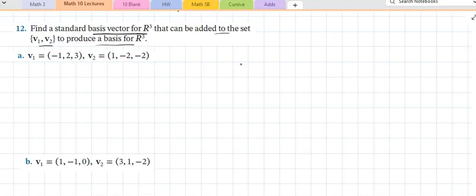All right? So let's see. There are multiple ways of doing this. Basically, you want to pick a third vector, and you want to check that when you take the determinant of V1, V2, and the next vector, you don't get a 0. Well, let's see.